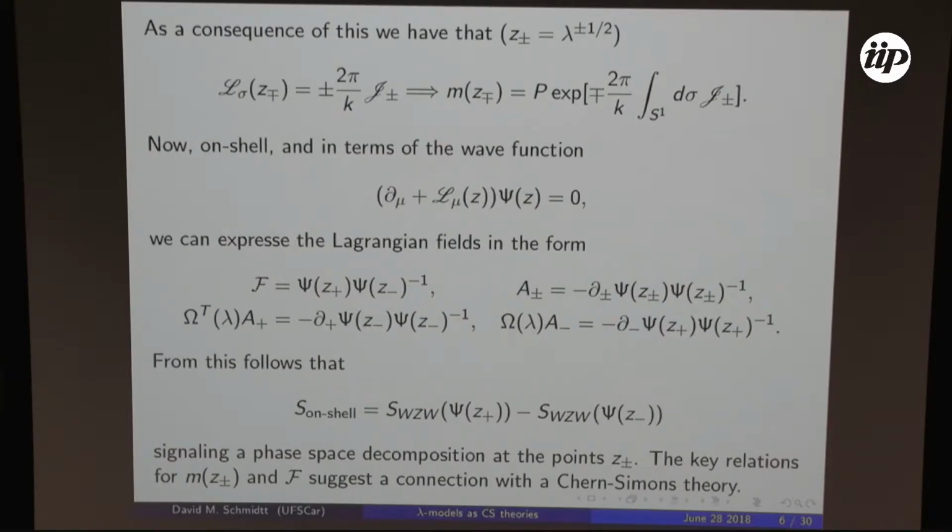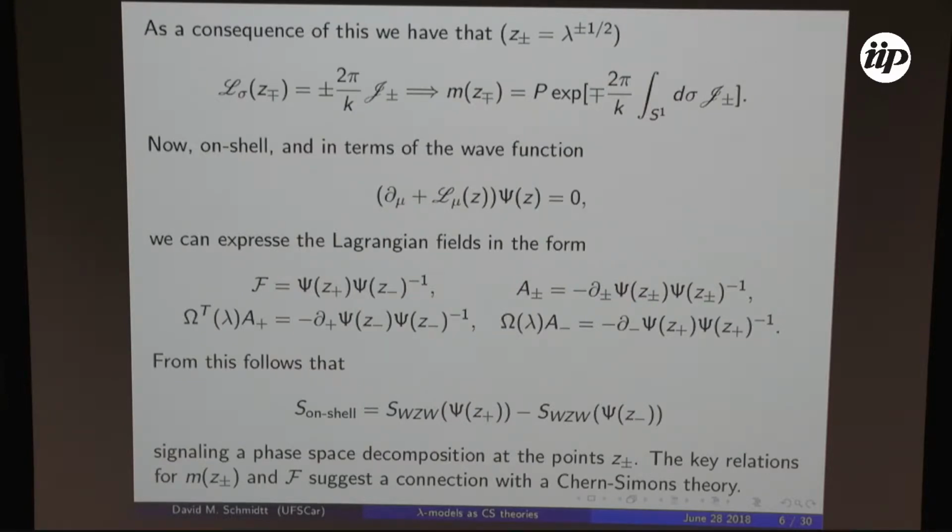So the other expressions take that form, and I can evaluate the action on shell, and I see some sort of a splitting on the complex plane. So the phase space information is completely contained in these two points. This is the key relation.